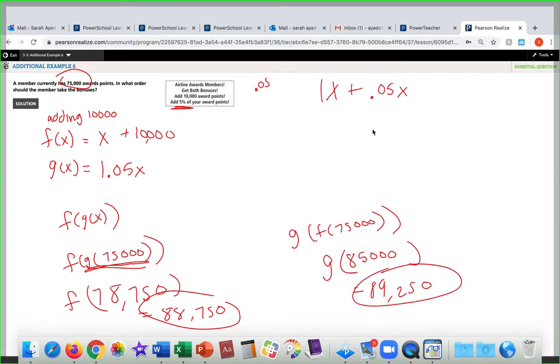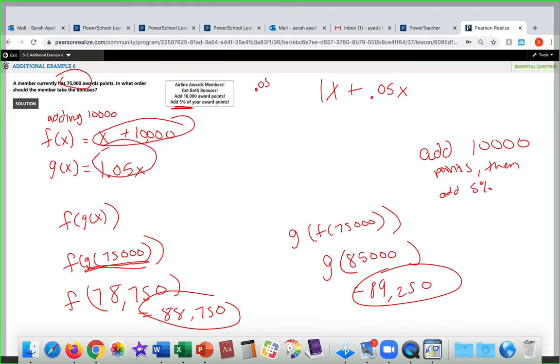I definitely want to add the 10,000 points, then take the 5%. So always start by defining your functions. What is my one discount or my one award, and what is my other? And then try out both options.